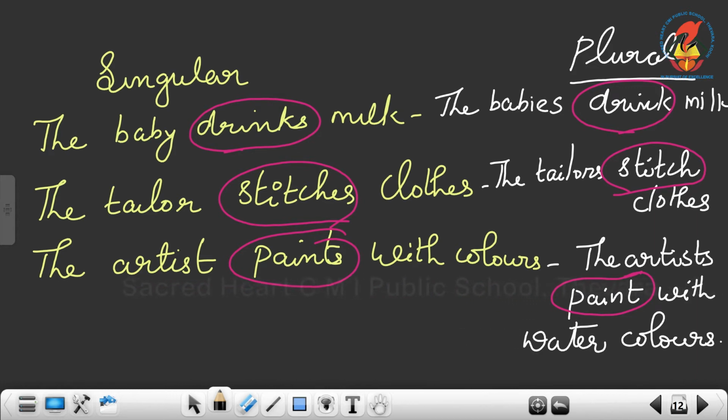But the same thing you change that to plural, the babies. The babies drink milk. There I am using the form drink because the babies are what? It's a plural subject. So I am using drink as the plural verb.